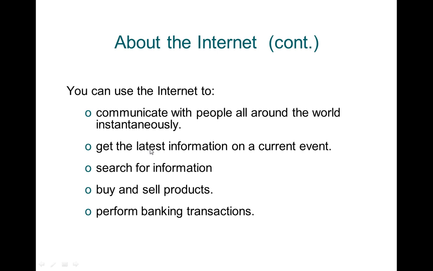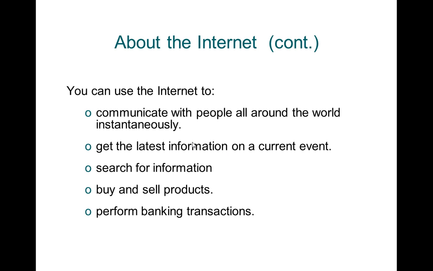The second one says you can use the internet to get the latest information on a current event, that is, up-to-date information. Suppose I want to see what version of Office is used in the day-to-day scenario.